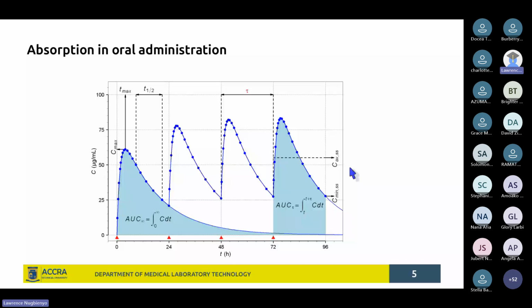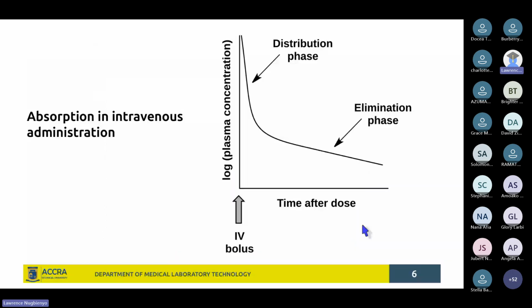Right, so that is absorption by oral administration. Another common way you take in drugs is by the intravenous administration. And so here you see, right at the beginning, you can see the curve is coming from top down. And that's because injection, intravenous, goes straight into the bloodstream.